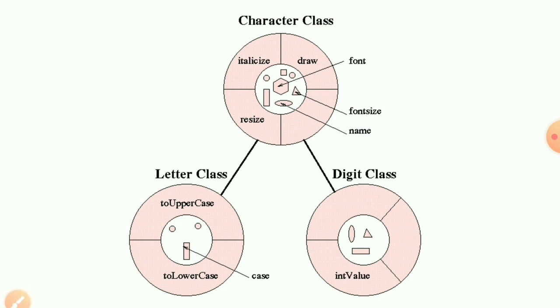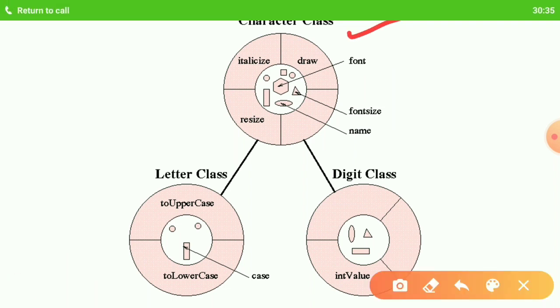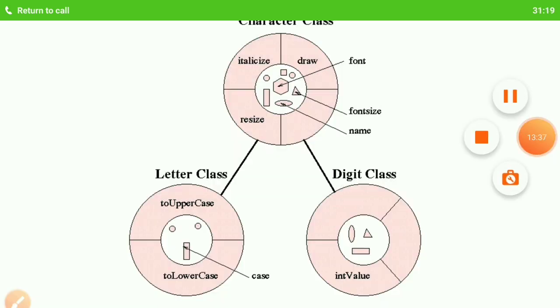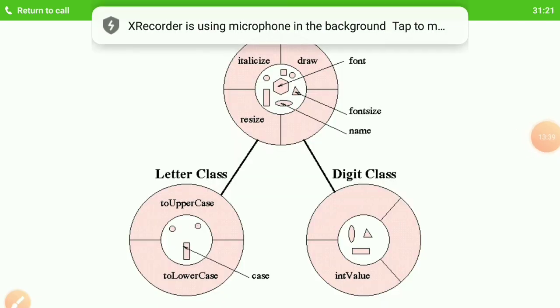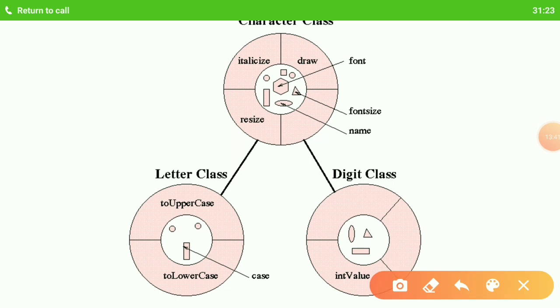Here I've got a character class. Inside the character class, look at this inner circle here. The inner circle represents all the attributes that a character class can have.